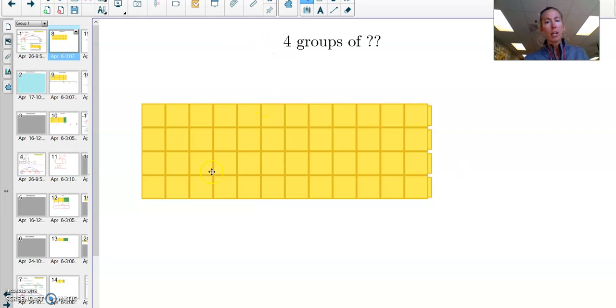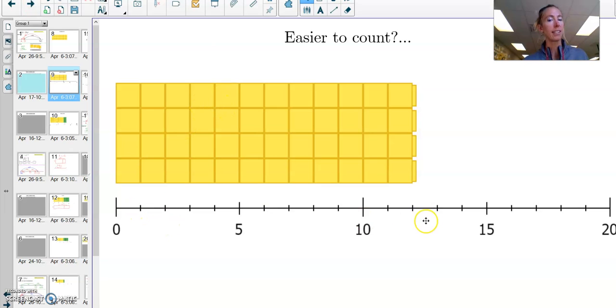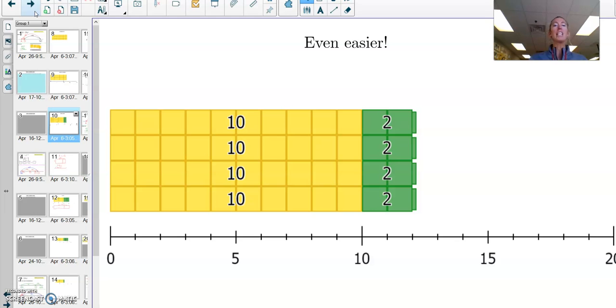If we have this picture, this is 4 groups of something. 4 groups of what? Here you're literally going to have to count 1, 2, 3, 4, 5, 6, 7. It's kind of hard to count, right? It takes a long time. Whereas if I put this on there, it's probably a little easier for people to get that number of 12. Instead of going one by one, they could go, oh yeah, that's 10, and then 2 more, that's 12. But then this is going to be even easier if I make the 10s one color and the other part another color. So that's the whole idea.